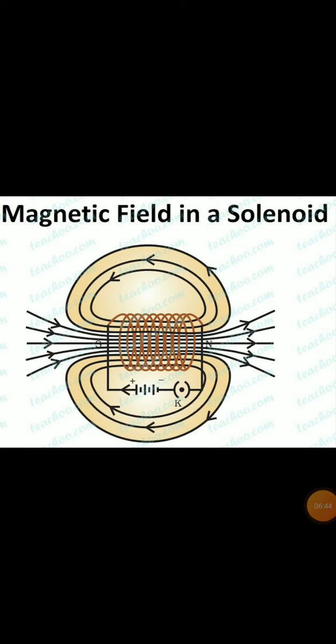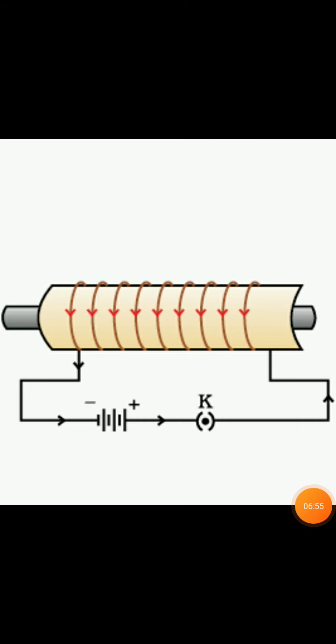So this is all about magnetic field due to a current in a solenoid, and we have also discussed the direction of magnetic field in a solenoid. If a strong magnetic field is produced inside a solenoid, when can a strong magnetic field be produced?